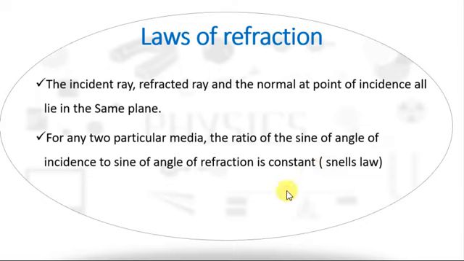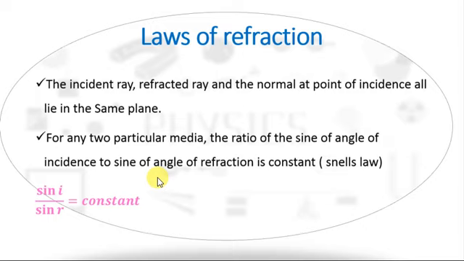Now, what does this law mean? If I have two media, let's say medium 1 is air, like we had already seen, and medium 2 is glass. If I get the sine of angle of incidence and divide it by the sine of angle of refraction, for every given angle the answer will remain the same.